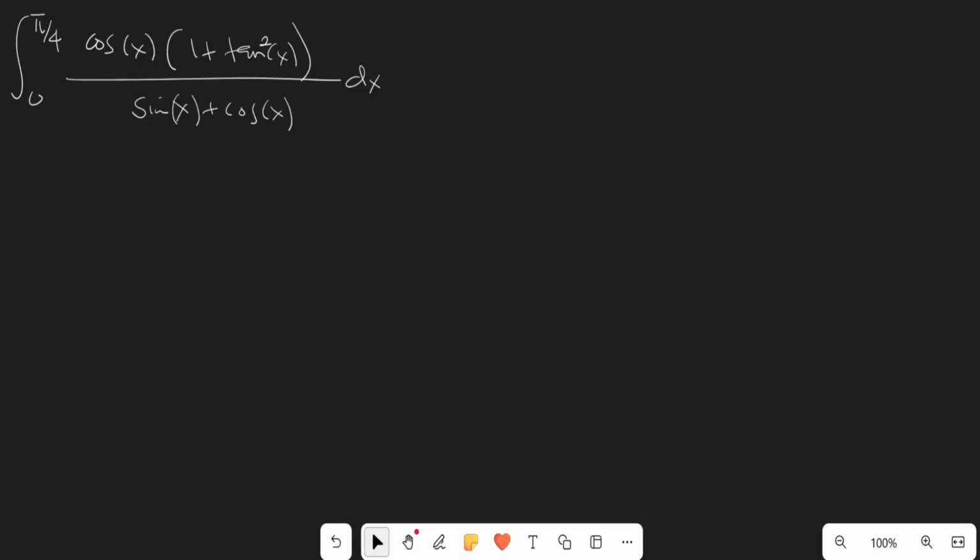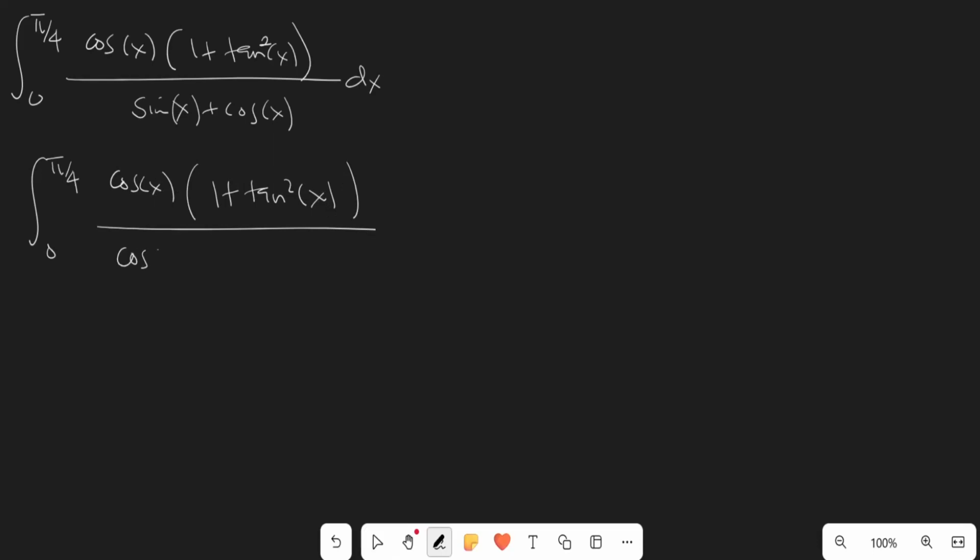So let's dive right into this integral. We can start off by doing some simple factorization. Cosine of x times 1 plus tan square x divided by, I can factorize cosine of x from the denominator, and that will be sine of x over cosine of x plus 1 dx.